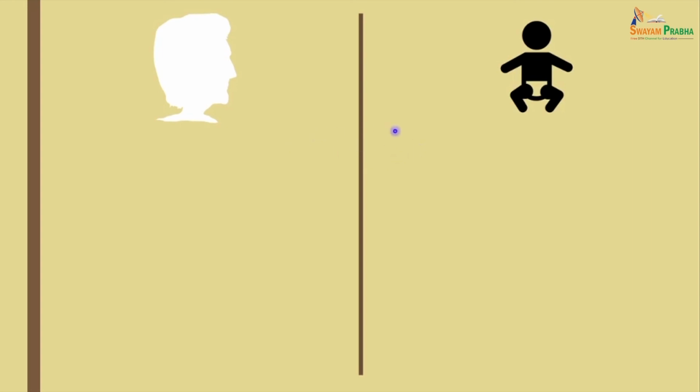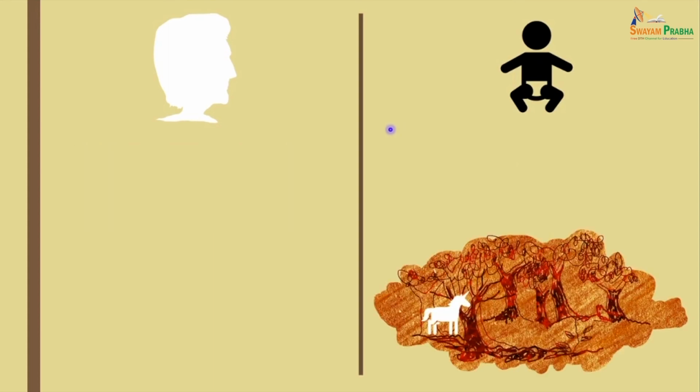Now, look at this. So, for example, I tell Anvita that a white unicorn is roaming in the forest. She goes, what is a unicorn? It is like a horse with a single horn. Then, oh, now I understand.